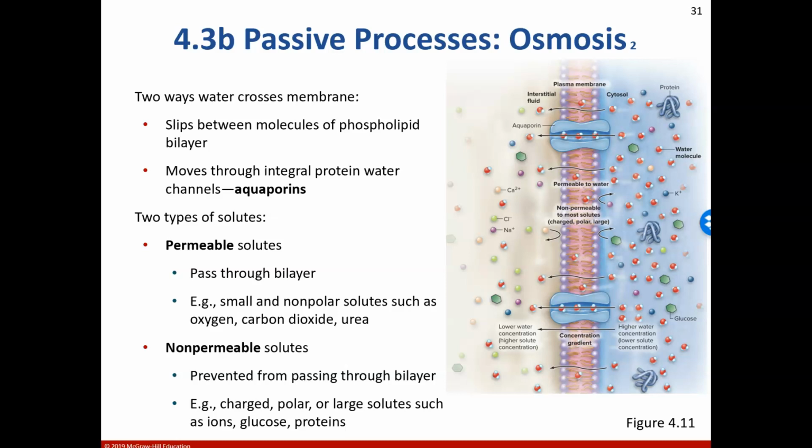We have our permeable solutes that are able to pass through the bilayer, and an example of this would be oxygen or carbon dioxide or urea, which are not pictured in the figure to the right. And our non-permeable solutes are going to be prevented from passing through the phospholipid bilayer. So these would be our charged molecules, such as sodium or chloride, or even our large solutes such as glucose, or even our proteins, which are much larger.